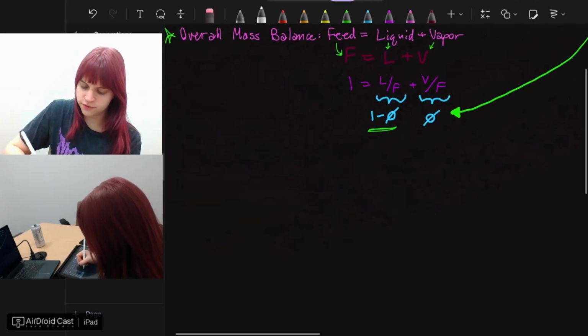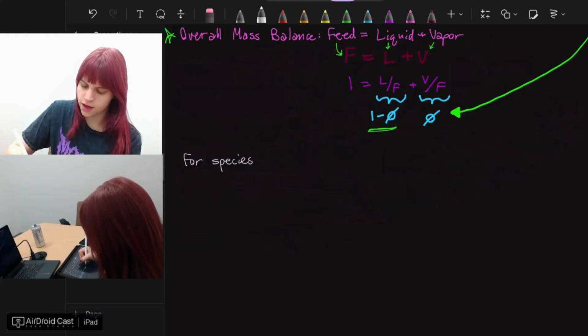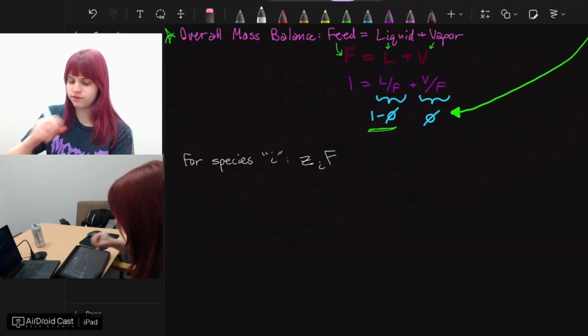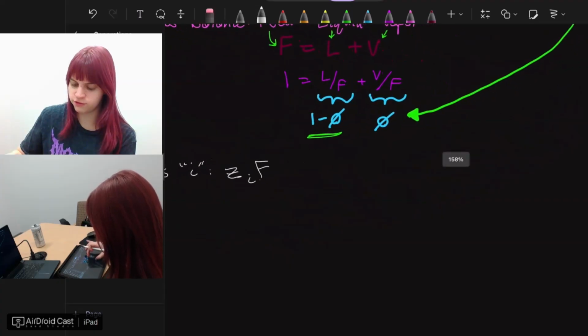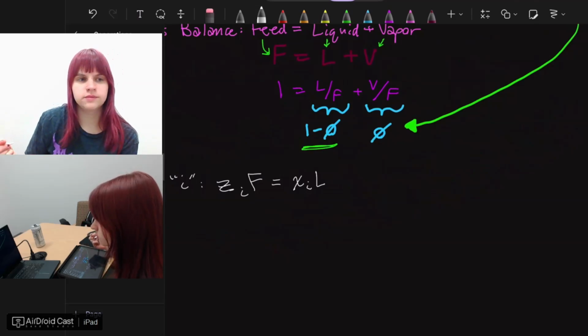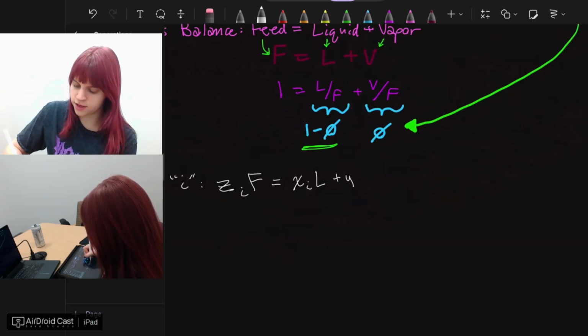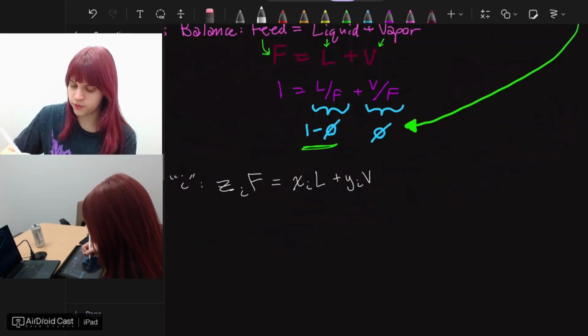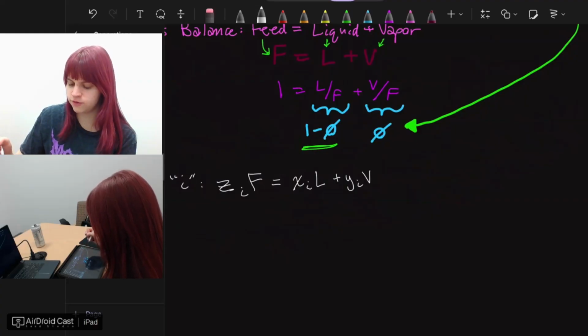We can say for any species i, we have Zi times F, that's the composition of the feed, is equal to Xi L plus Yi V. Xi is the composition in the liquid fraction, and Yi is the composition in the vapor fraction.